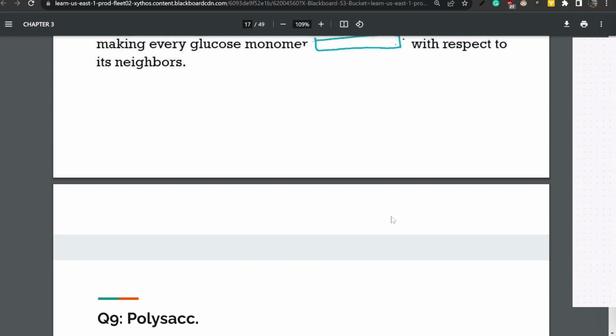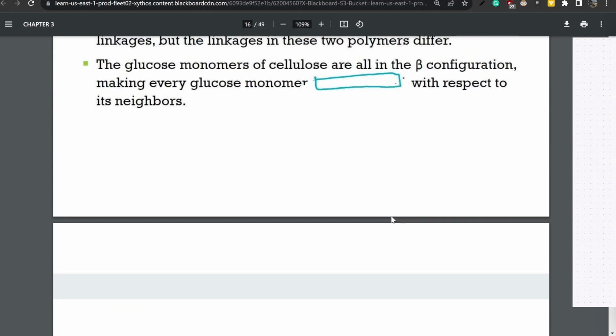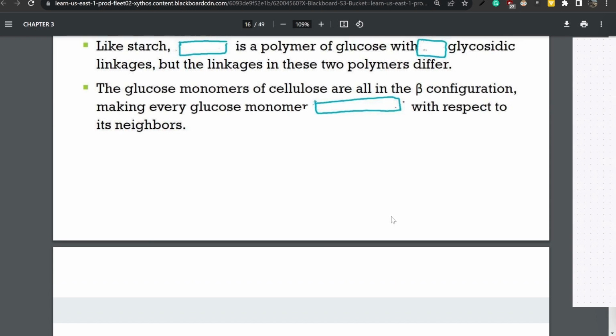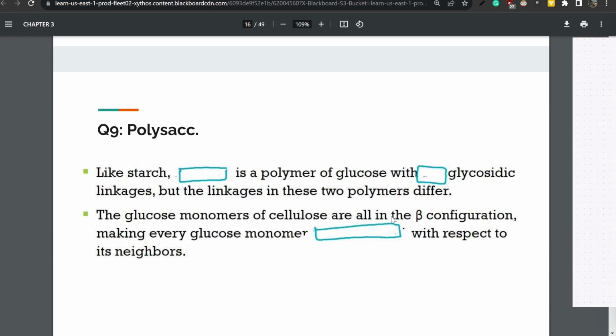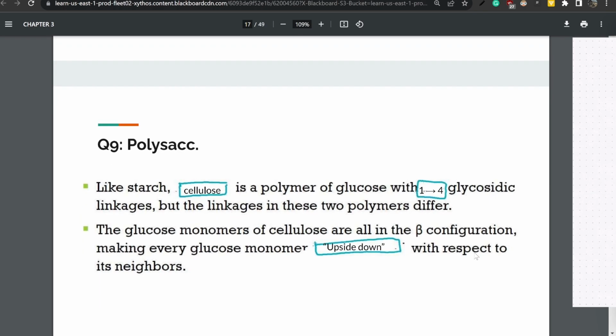Cellulose. Where have I seen cellulose before? Is it on plants? Cellulose is on plants. Yes, it's in paper. We can't digest that. And it has the beta 1,4 linkage. Alright. Yes, it does.